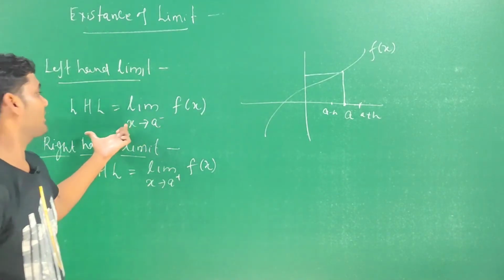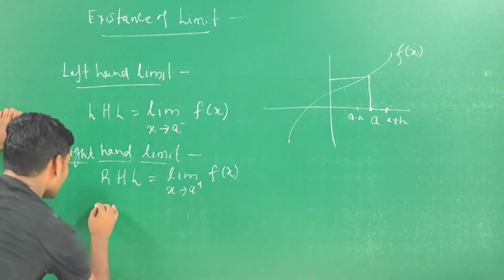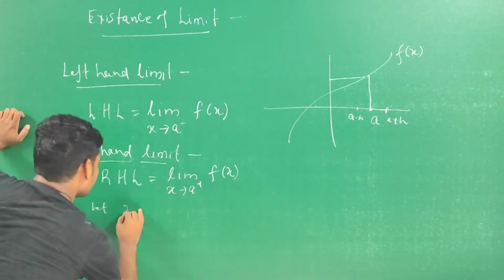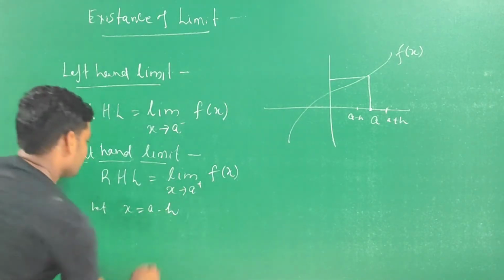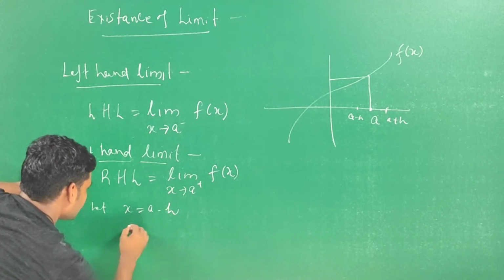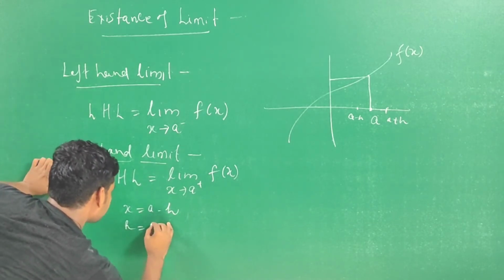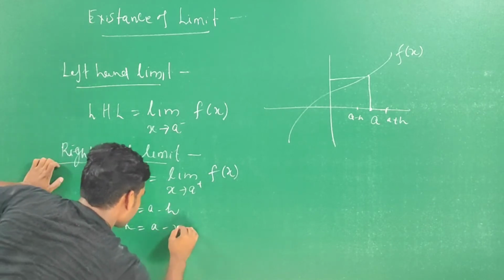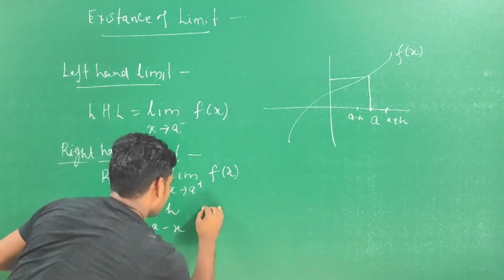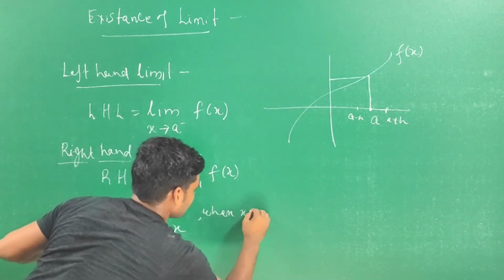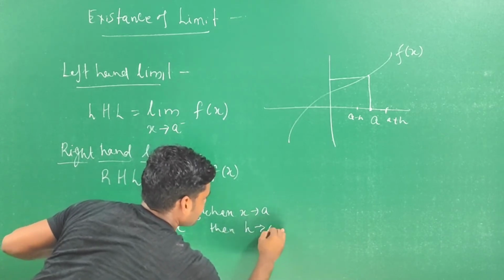Now we can simplify right hand limit and left hand limit in terms of h. Let x equal a minus h. Then the value of h is a minus x. Now we go for the limit. When x goes to a, then h goes to 0.